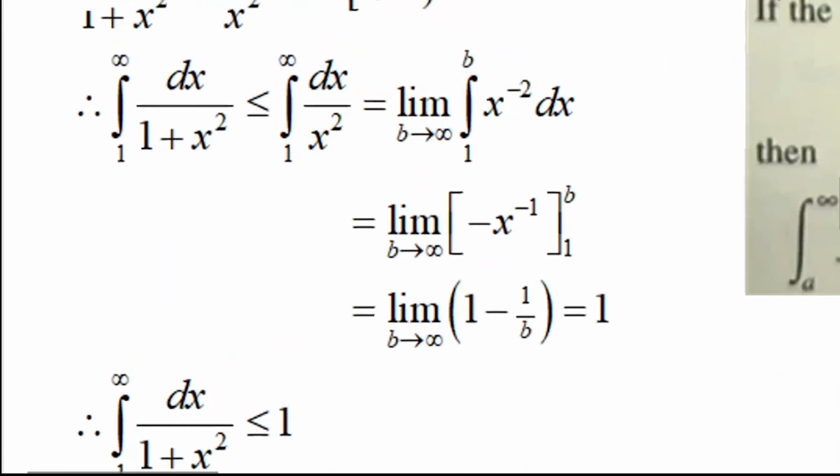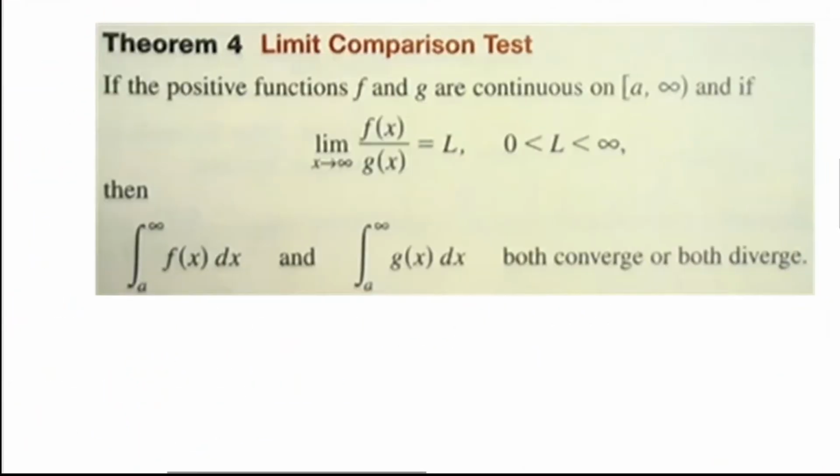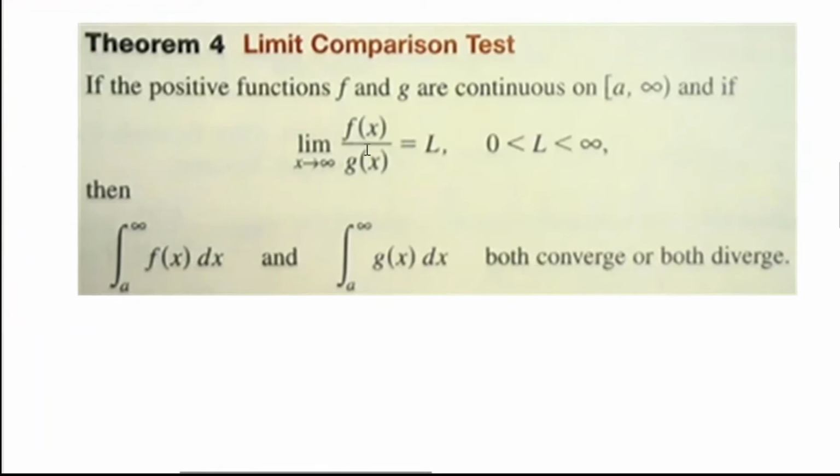Go back up there, I zoomed in too much. This is what limit comparison test looks like. Does that look familiar to you? That sure looks like growth rate comparison now, doesn't it? Yeah, this is what it is. Which function grows faster kind of thing. However, it gives you the conclusion about the convergence of the integral as well.